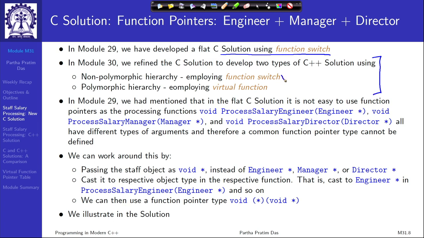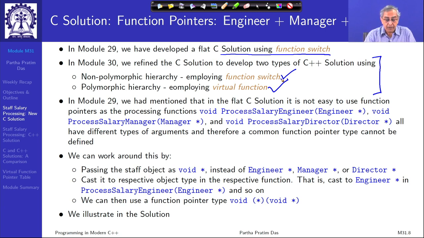One was on the non-polymorphic hierarchy, which gave the advantages of encapsulation and inheritance to refactor the common data members and so on, but still the dispatch was in terms of a function switch, pretty much like C. So, we moved on to a polymorphic hierarchy and we employed virtual functions.